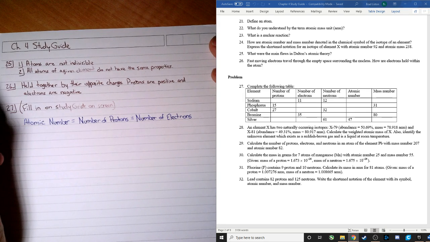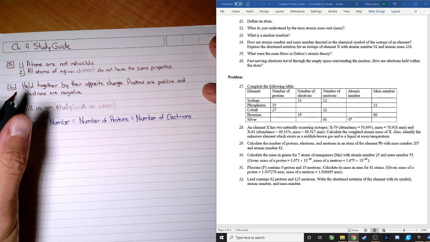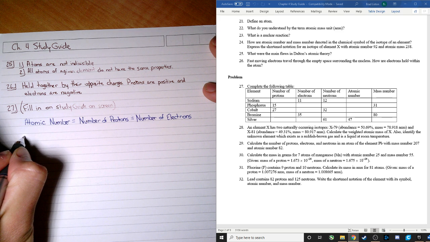Then we have that number of neutrons thing. So how do we calculate that? Well, you have your mass number.